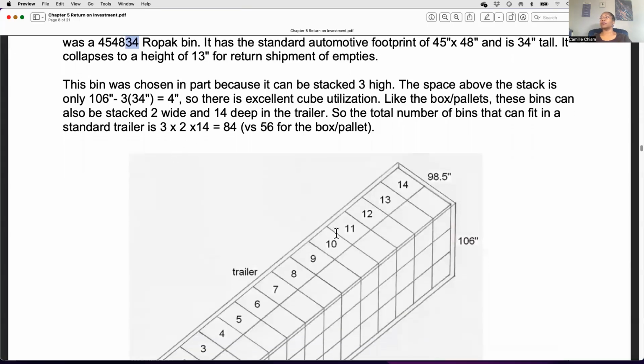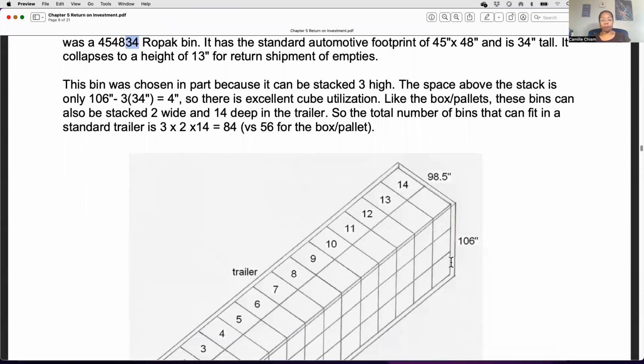So that tells you you're only going to have 4 inches left at the top. That's what they did: they took the 106, the height of the trailer, and the 34 inches times 3, and then subtracted it.